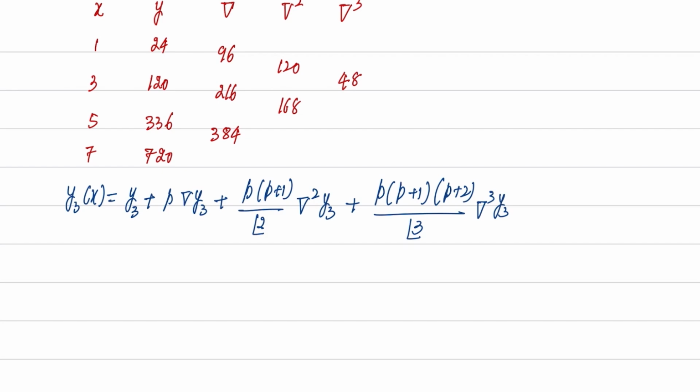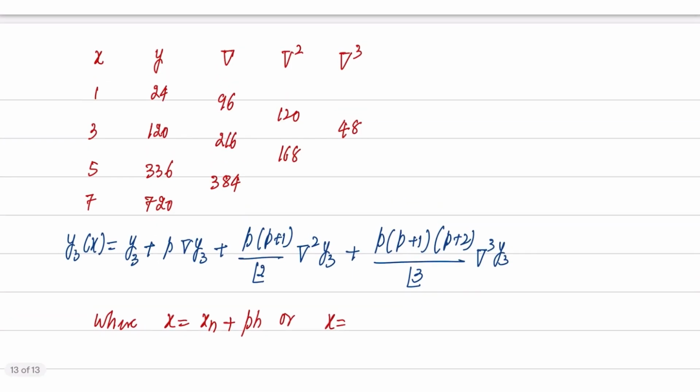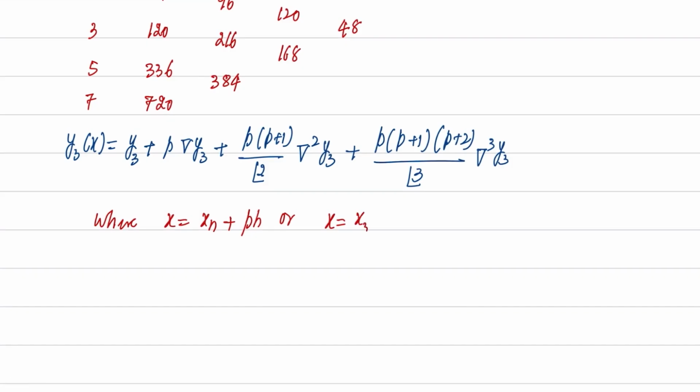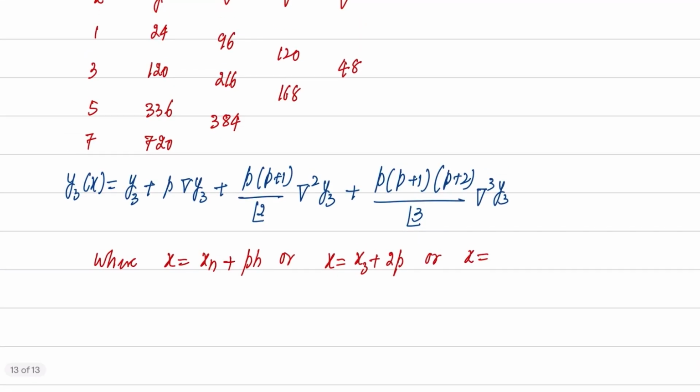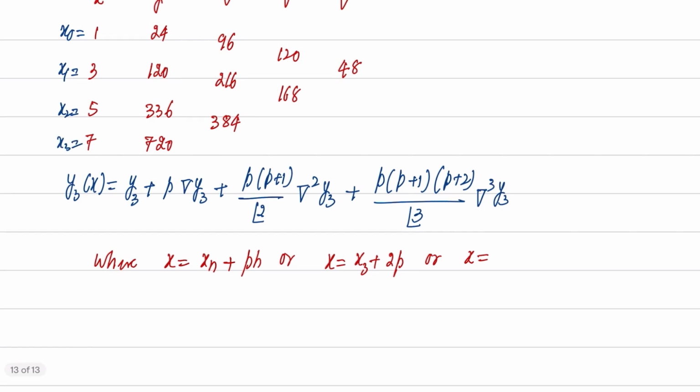Now we just need to compute the value of p. x is equal to xn plus ph, so x is equal to x3 plus ph, h is equal to 2, so this is equal to 2p. We get x is equal to, now x3 is equal to 7 here, as we have x0, x1, x2, x3, so that is equal to 7 plus 2p, so p is equal to x minus 7 divided by 2.